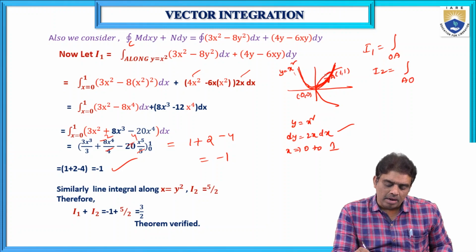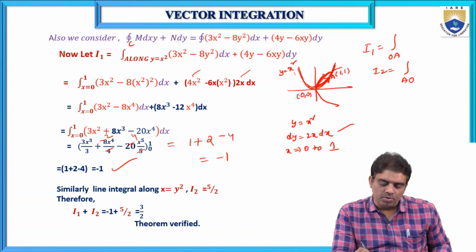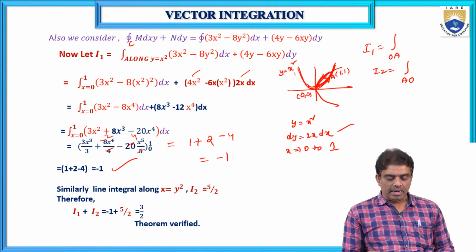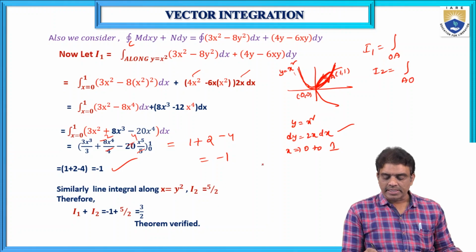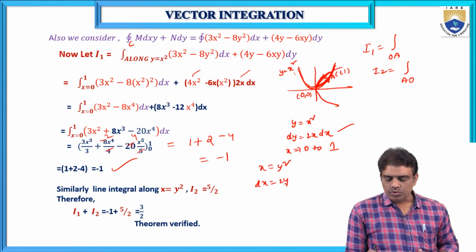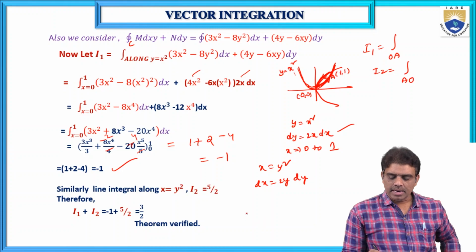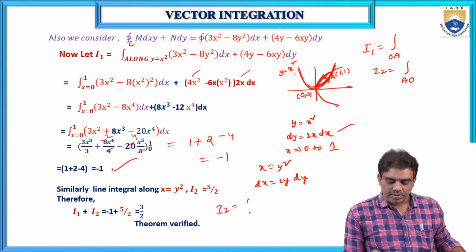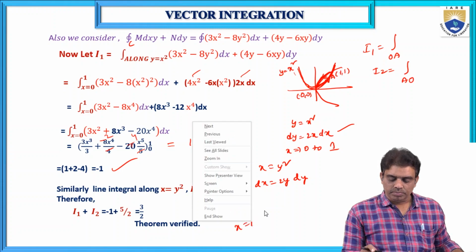Similarly, you need to find along AO also. Along AO, that is in the anti-clockwise direction. So what is along AO? x is equal to y square. Here x is equal to y square, dx is equal to 2y dy. And the total function getting transformed, I2 is equal to integral x limit 1 to 0.